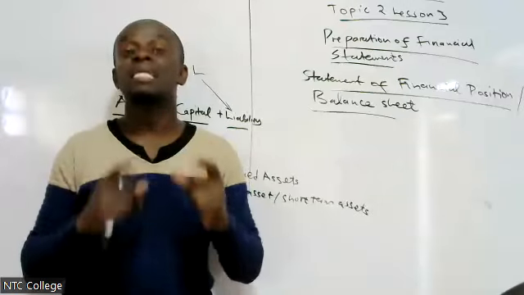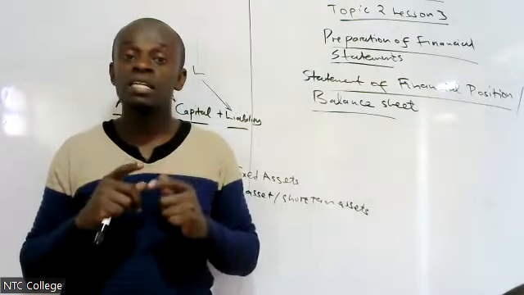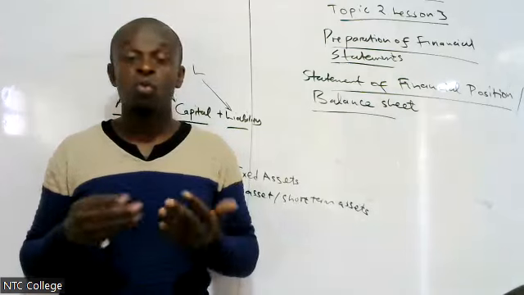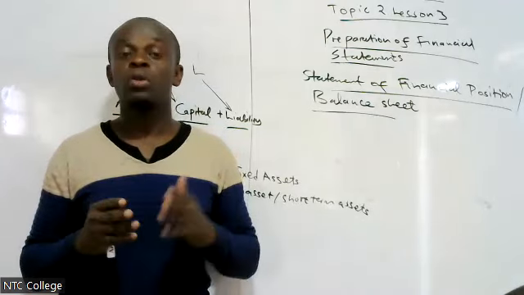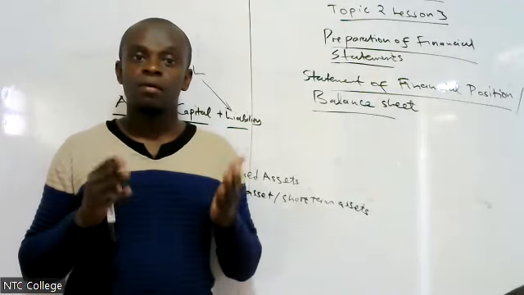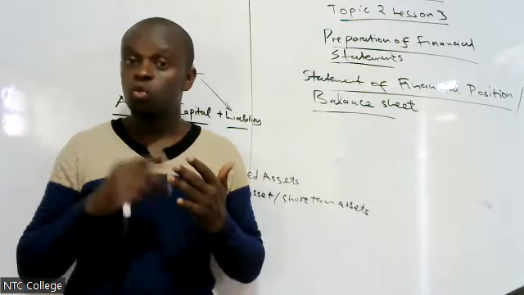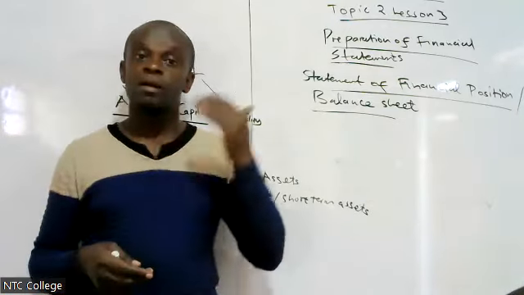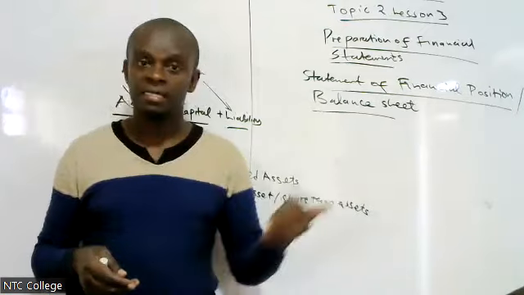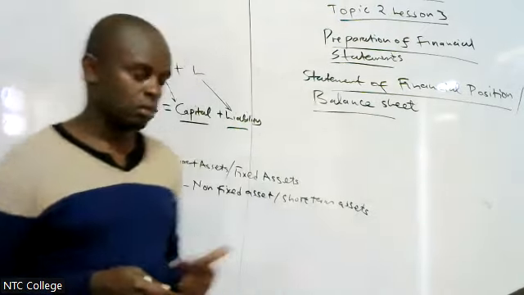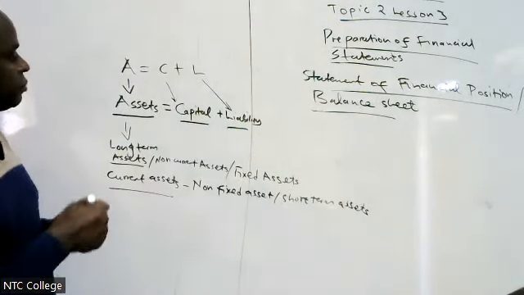That is what we call an asset. Assets refer to items that are used to run the business. What you use to run the business is what we call an asset. Like stock, or also cash and debtors. Those are what we call current assets.